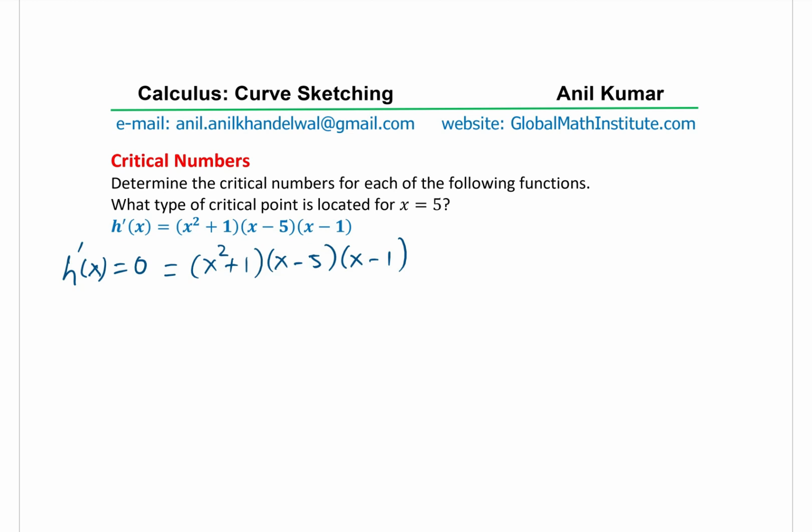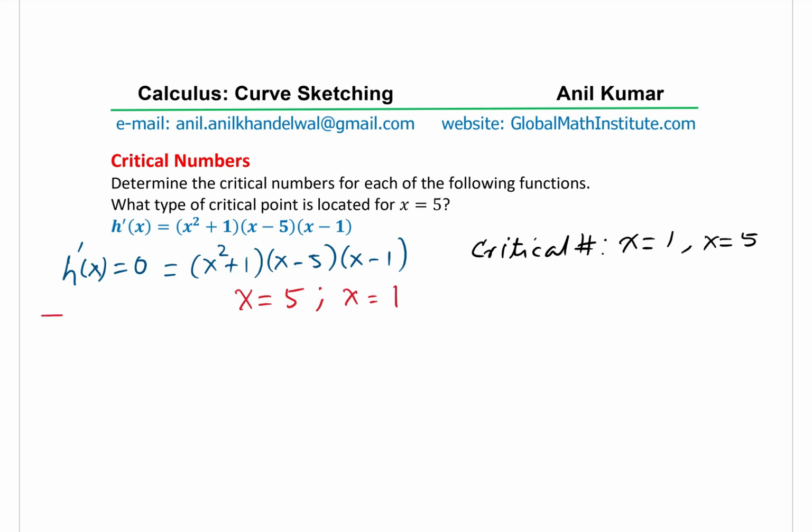Well, the first factor will never be 0. We get x equals 5 as one of the answers, and we get x equals 1. So these are the two points where we have zeros, and therefore we have two critical numbers. The critical numbers, let me write it like this, are at x equals 1 and x equals 5.